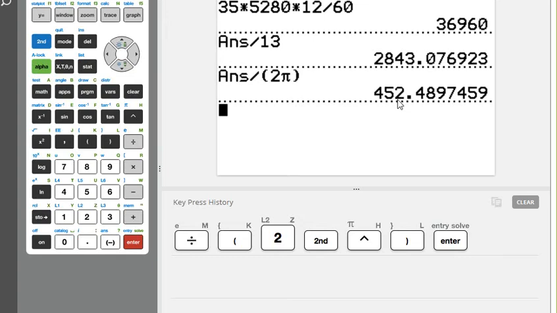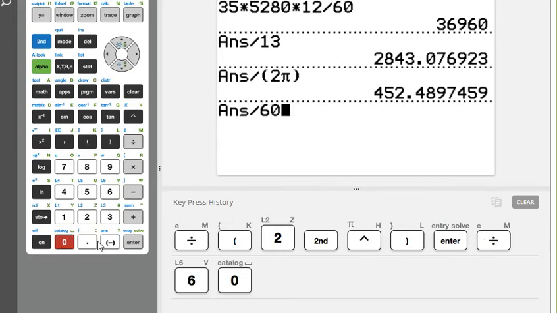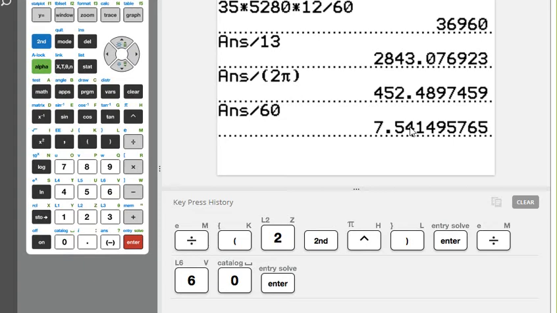Basically about 452 revolutions per minute. Wow, that's a lot. And just out of curiosity, divide that by 60. So 7.5 revolutions per second is what it would be. But they wanted revolutions per minute, so there it is. 452.5 revolutions per minute.